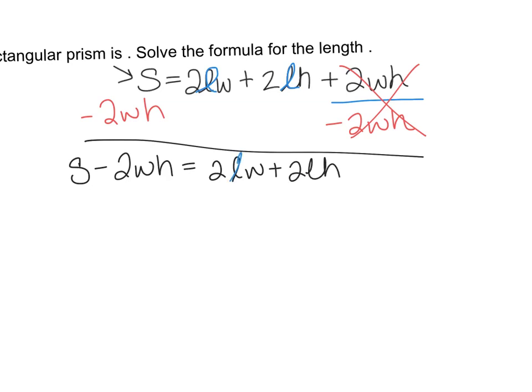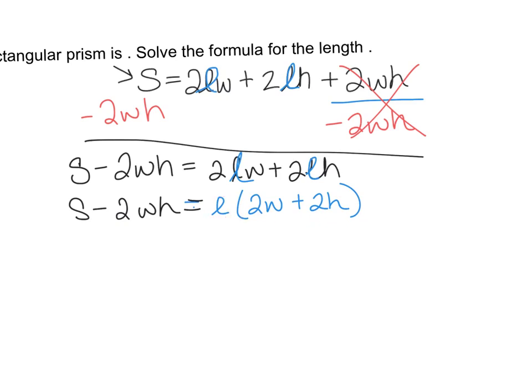Since L appears in both of these terms, we should factor it out. And then you're left with L times 2W plus 2H is equal to S minus 2WH. Since the terms in the parentheses are being multiplied to L, to get rid of them we will divide.